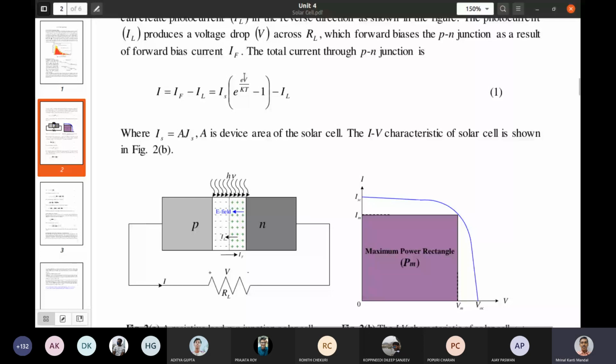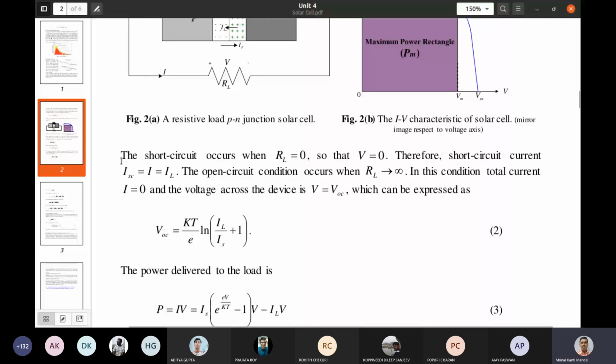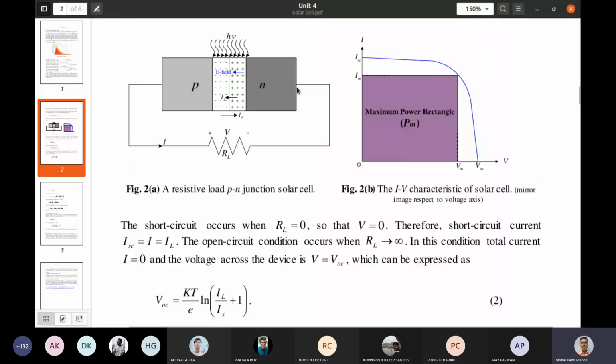Now we come to those. Short circuit occurs when RL equals 0. That means when we connect these two terminals simply by a wire having resistance 0. So if the wire has 0 resistance, then it indicates the short circuit.